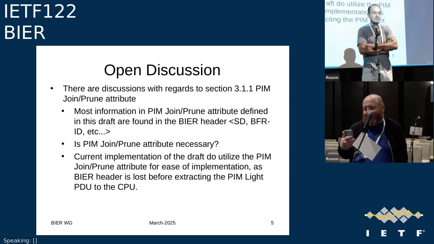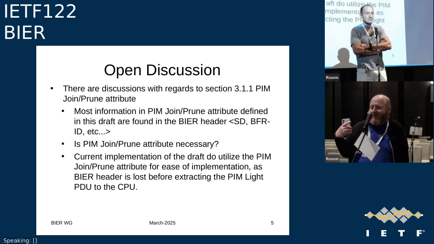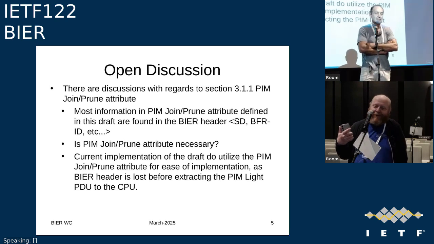One issue is, from a security point of view, I don't know if it's serious or not, but should you trust that the information in that attribute matches what is in the BIER header? Or is it good in some ways to have the flexibility that the join might be in one subdomain while the data might actually go somewhere else?